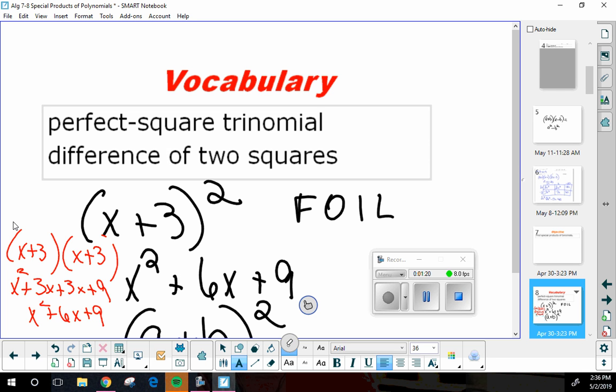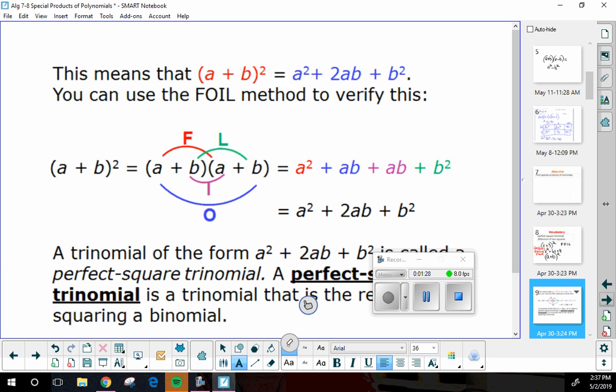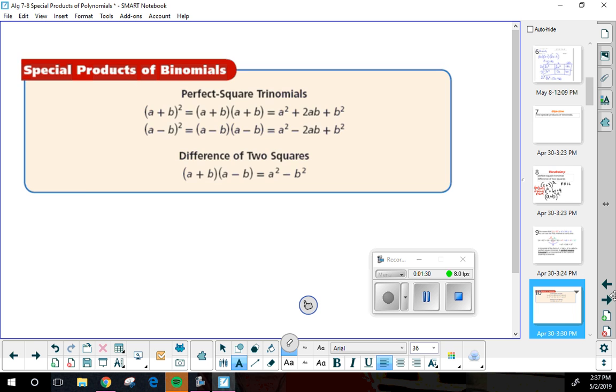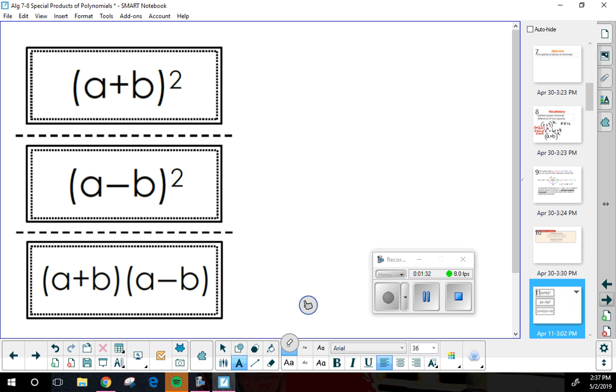Then the more you do FOIL, the more you're going to recognize these shortcuts. So I'm showing you the shortcuts today. If you want to just use FOIL, you can do what we did yesterday, and if you practice it enough, you would come up with these shortcuts all by yourself.